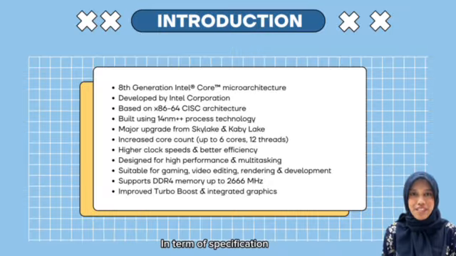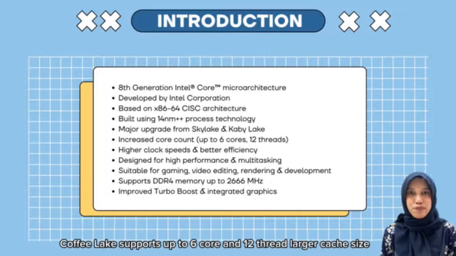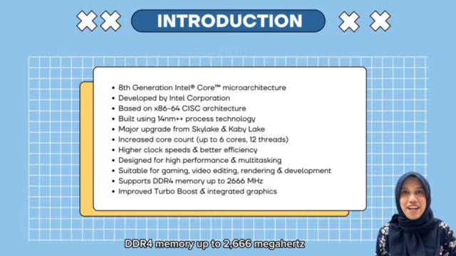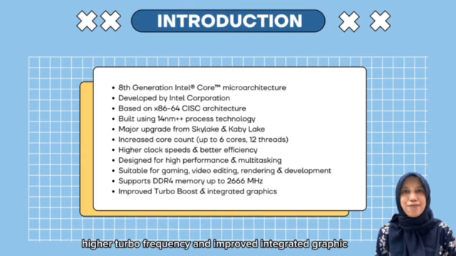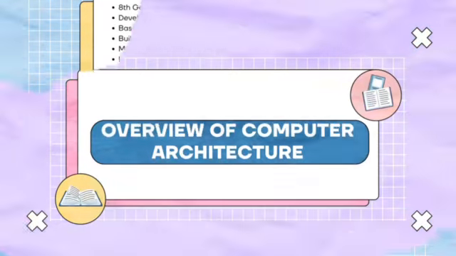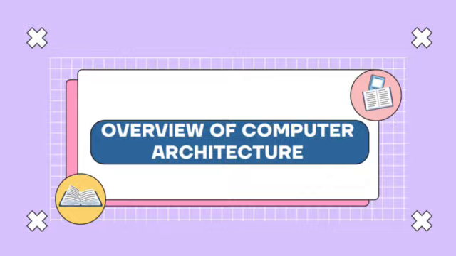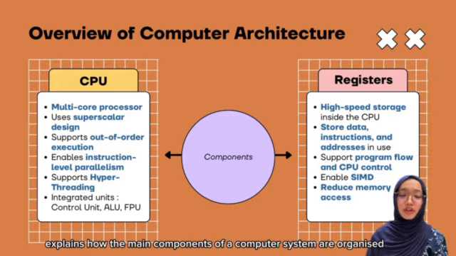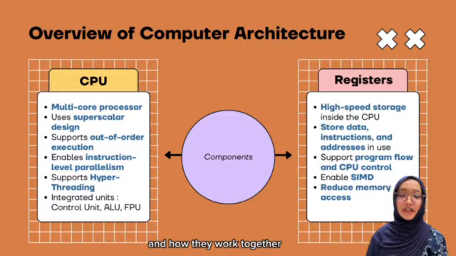In terms of specifications, Coffee Lake supports up to 6 cores and 12 threads, larger cache size, DDR4 memory up to 2666 MHz, higher turbo frequency, and improved integrated graphics, resulting in faster and more responsive computing. Computer architecture explains how the main components of a computer system are organized and how they work together.